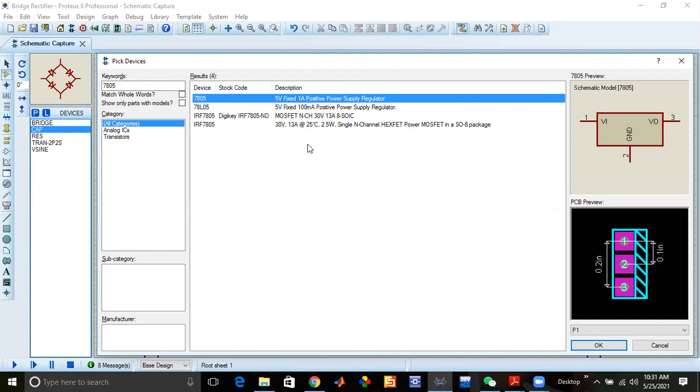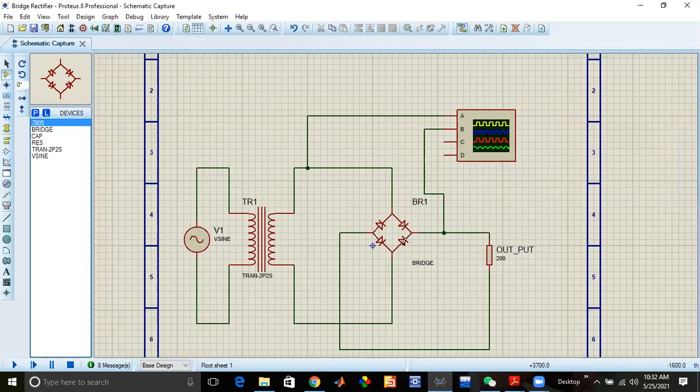This is 5 volt. And if you want, let's use this, then we will use what we have to. This. Okay.